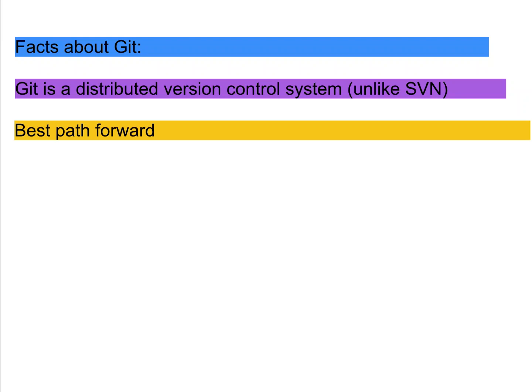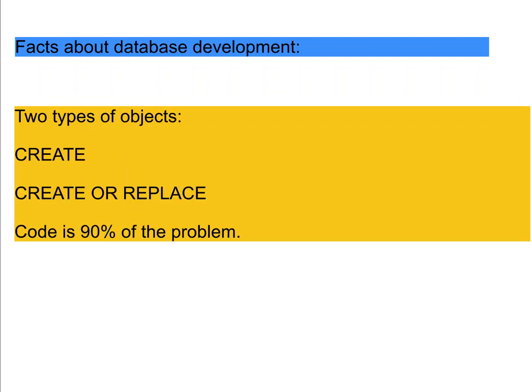Every developer has the full copy. Every developer works locally, and they commit locally. Nobody commits to a central system, so there is no central repository to break. We're going to talk about this a little bit without going too much into the detail.